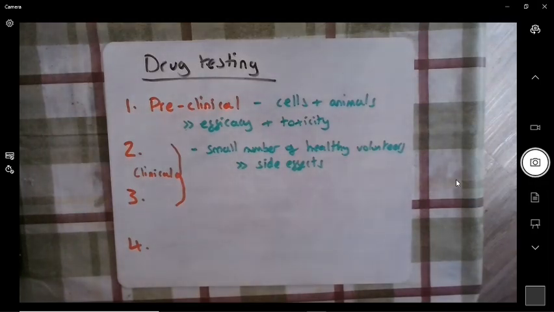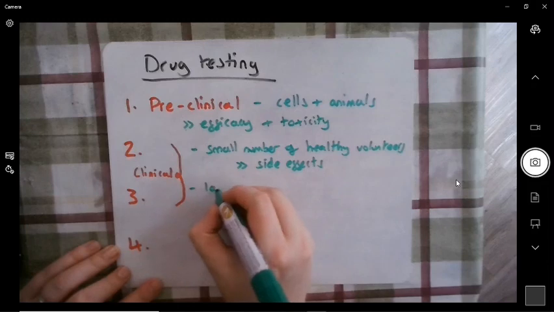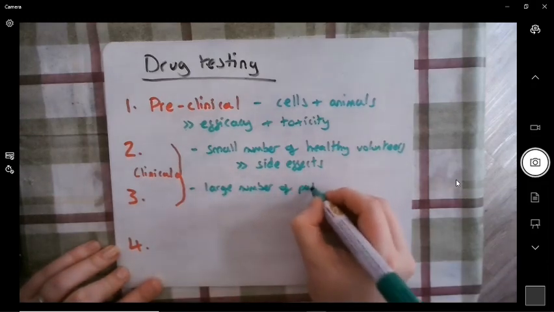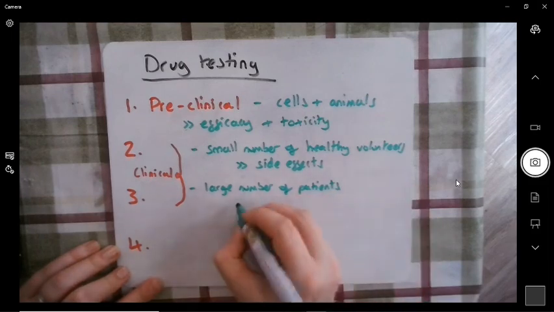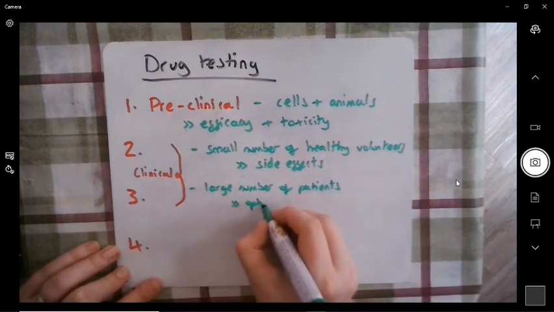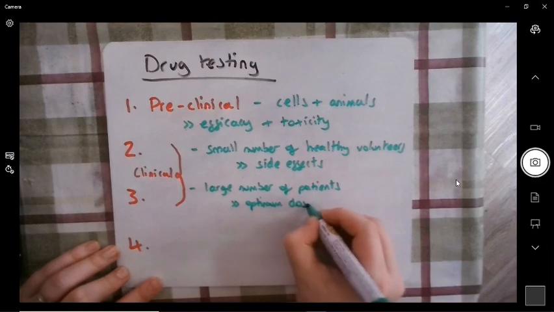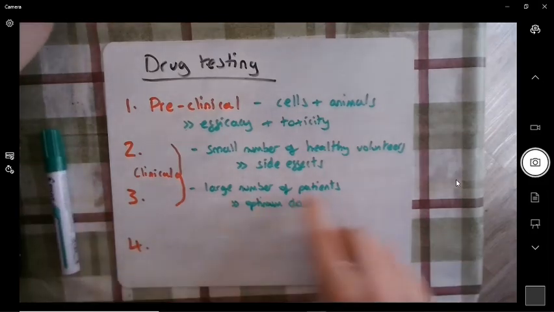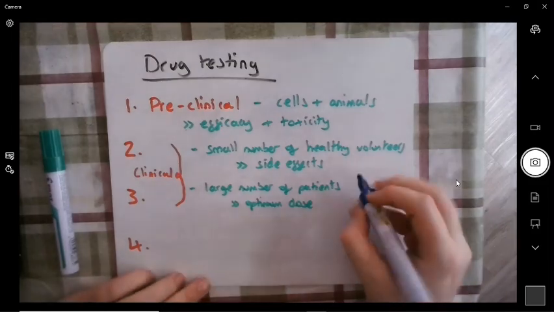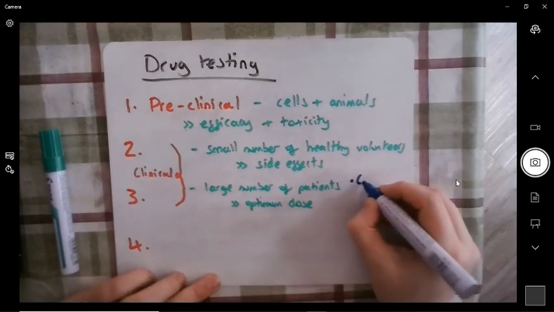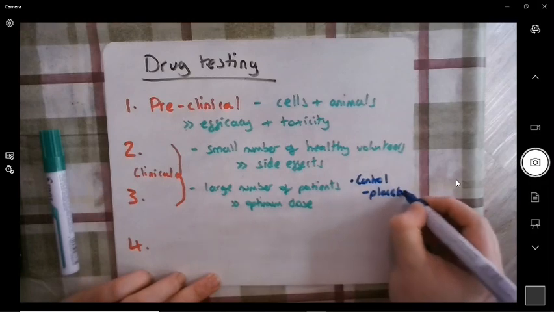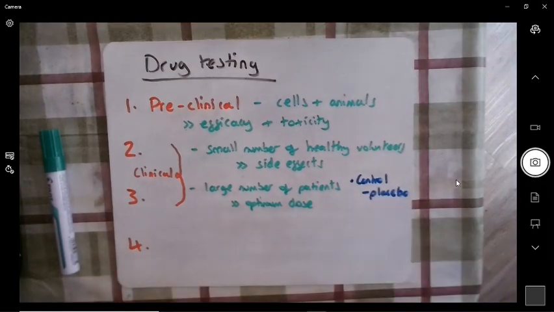And if it passes that, that's when you'll use a large number of patients, so people with the illness, with the condition, and you're looking to find the optimum dose. How much do I use for different types of people? It's in this stage, stage 3, where you would use a control group which receives a placebo. So a placebo is a fake drug.